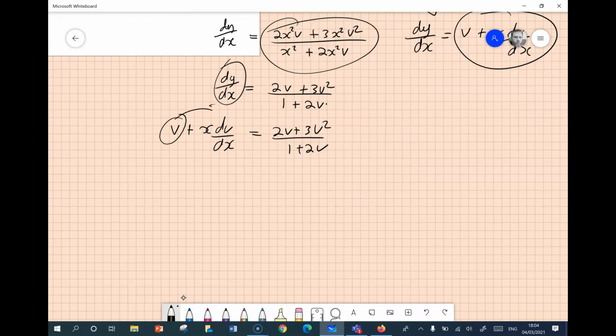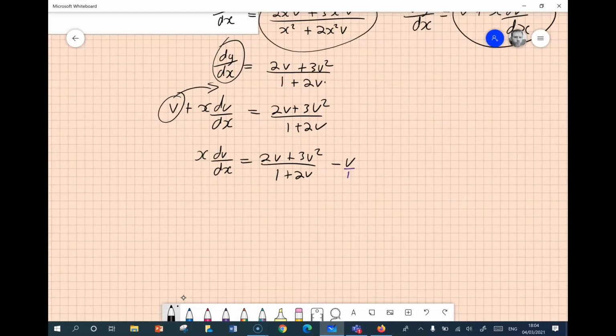Okay, nearly there. I'm going to bring my v over, and it becomes minus v. So x dv/dx is equal to (2v + 3v²) over (1 + 2v), minus v. Now I might as well tidy up that right side. If I write v as a fraction, it would be v over 1. You can write anything over 1 to make it a fraction, and sometimes people like doing that so they can get the common denominator, and it's visually easier.